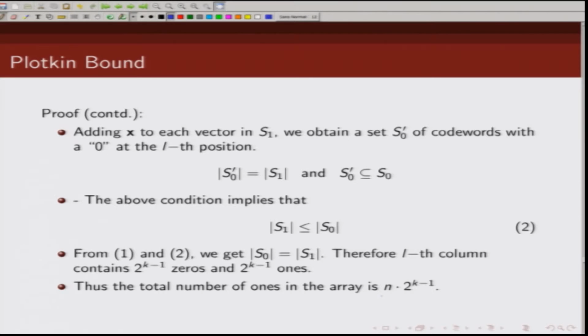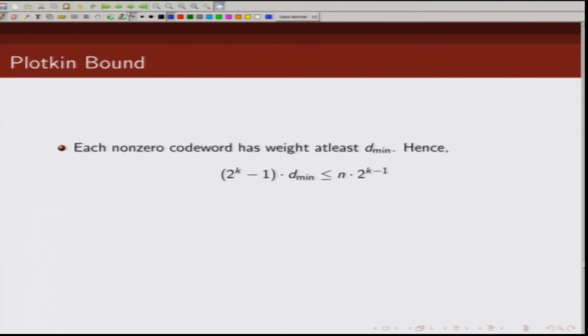So, what we have shown so far is the number of ones in this array is n into 2 raised to power k minus 1. Now, what was this array made of? This array consists of 2^k code words. Out of those 2^k code words, one of them will be an all 0 code word, because we are talking about linear codes.